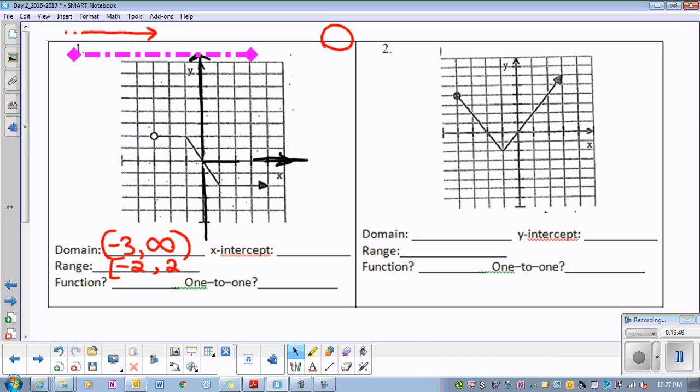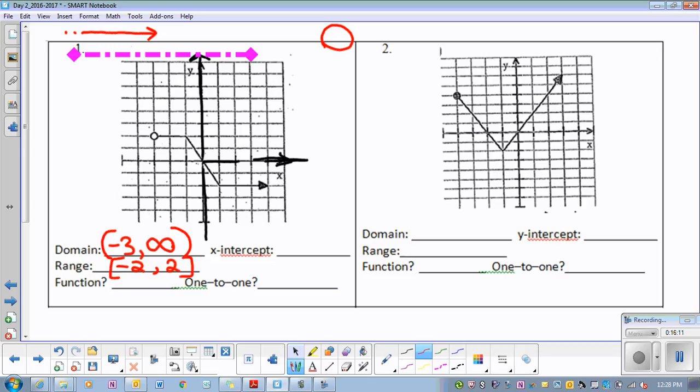And this is a little bit weird because you have an open circle, but you also have this line, right? Whenever you have an open and a closed type of situation, the closed always wins. All right? So this would be a bracket for the range. Does that make sense? All right.